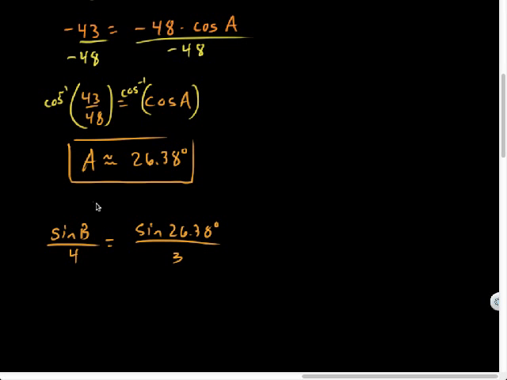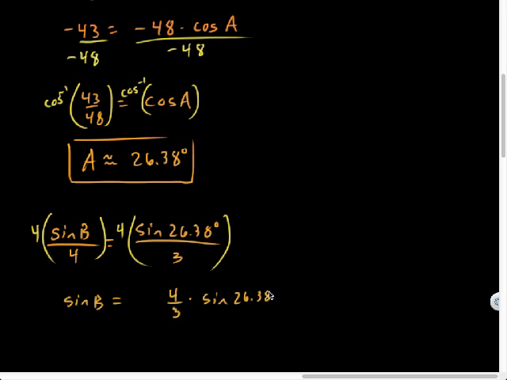And then to solve for B, of course, we multiply by 4. You guys know the law of sines with your eyes closed these days. So we'll get sine of B equals 4/3 times the sine of 26.38 degrees. And to get B by itself, inverse both sides.